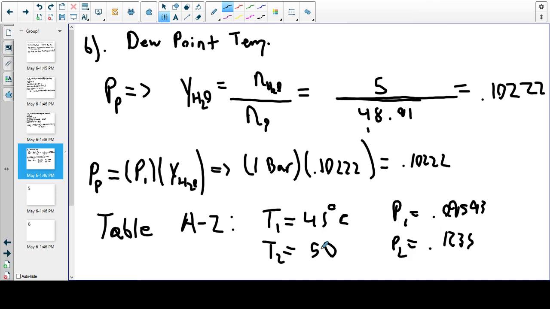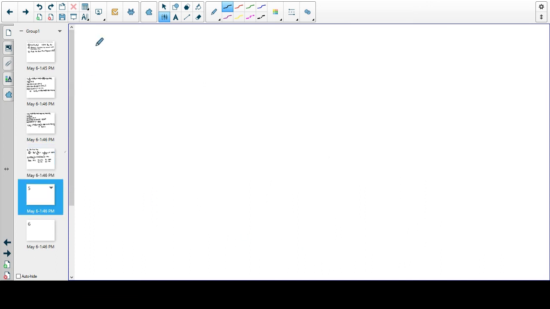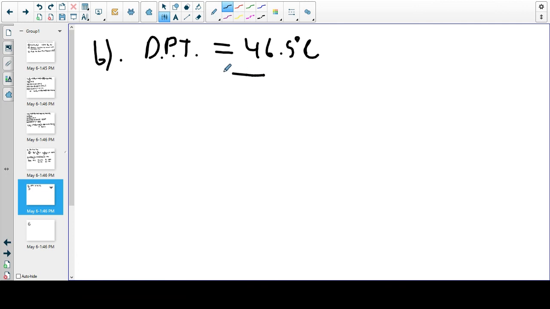And if you do this, part B, the dew point temperature is equal to 46.5 degrees C. And that's done through interpolation, or you can just guess a value, but interpolation works the best.